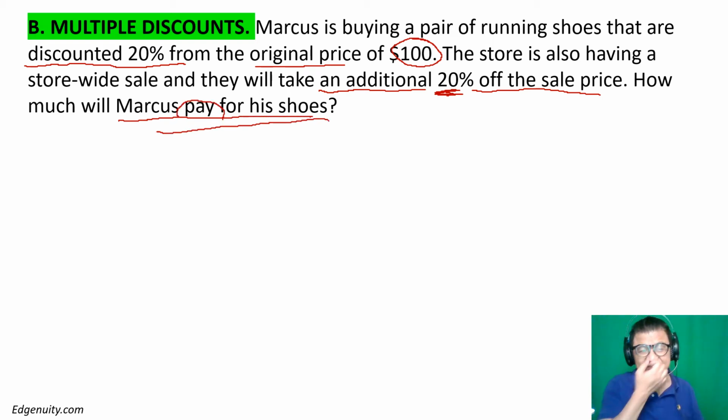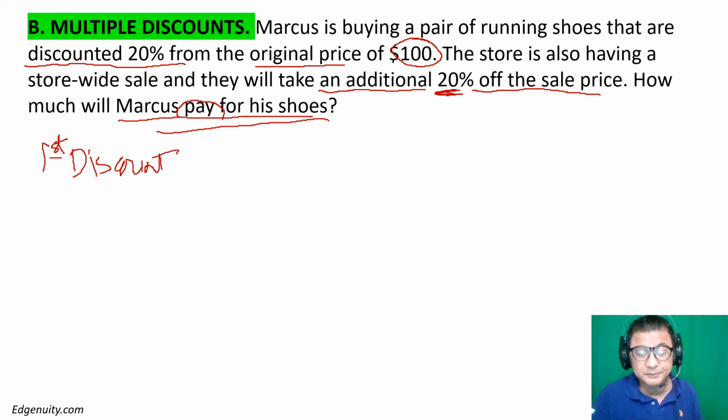Okay, so first discount. So remember 20%. So you're not paying 20%. We're now using the equation way. So how did you do that?